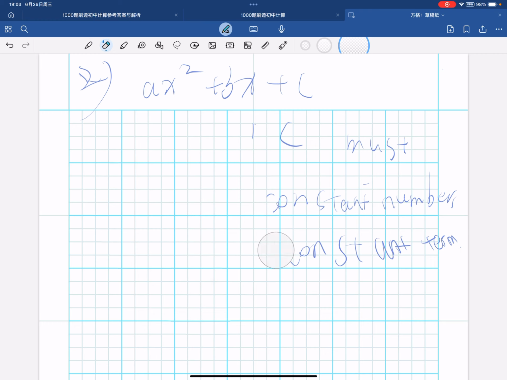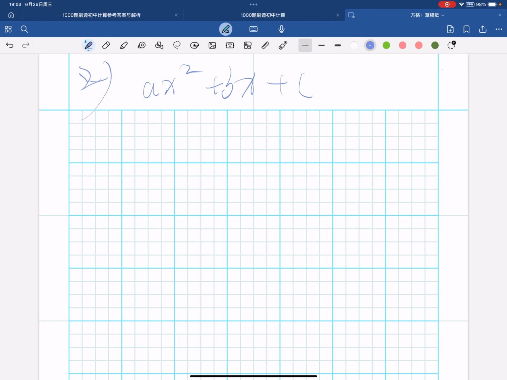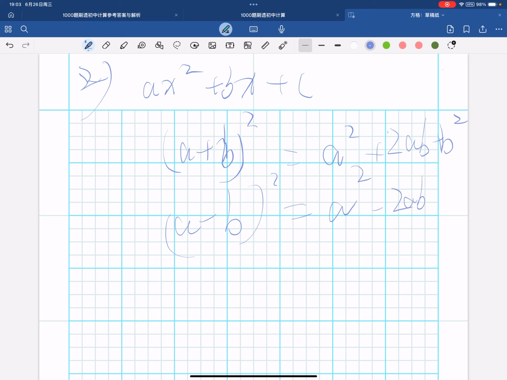This way is called the equation method. The first equation we're using is (a plus b) squared equals a squared plus 2ab plus b squared. Another one is (a minus b) squared equals a squared minus 2ab plus b squared. That's it.